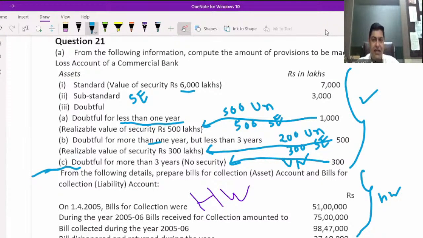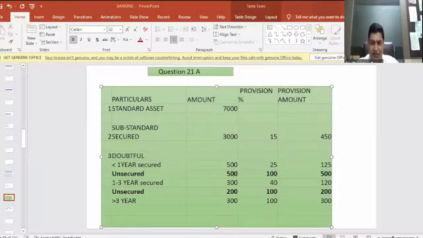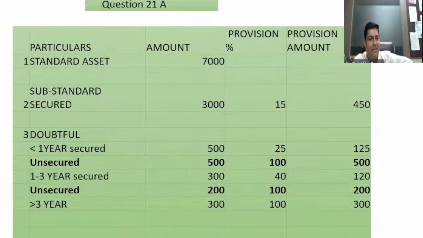Okay, guys, if you have done it in this way, then it will be like this. Right, guys? If this has been done, then it should be like this. Simple.